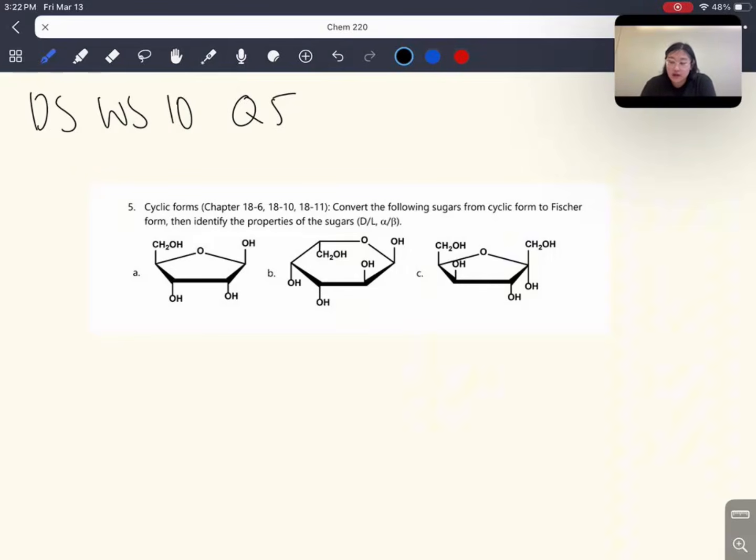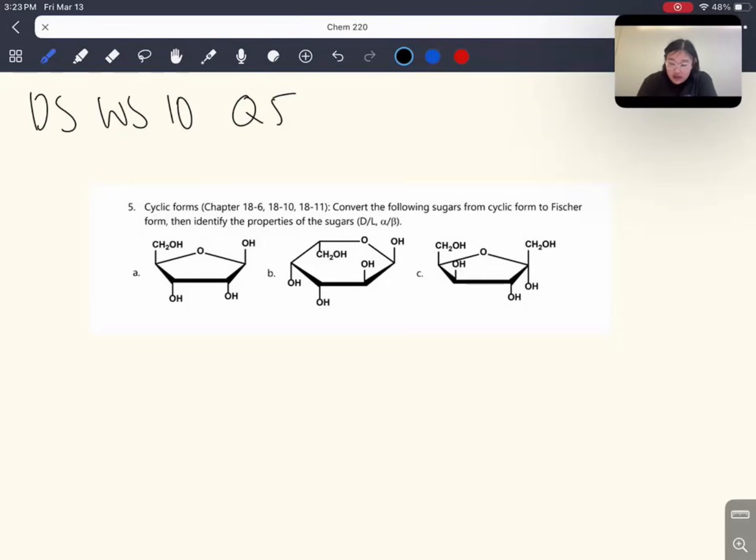The way you do this is first, let's identify the alpha or beta form, right? The way you do that is looking to see if the CH2OH group on your bottommost chiral carbon and the OH group on your anomeric carbon are cis or trans.